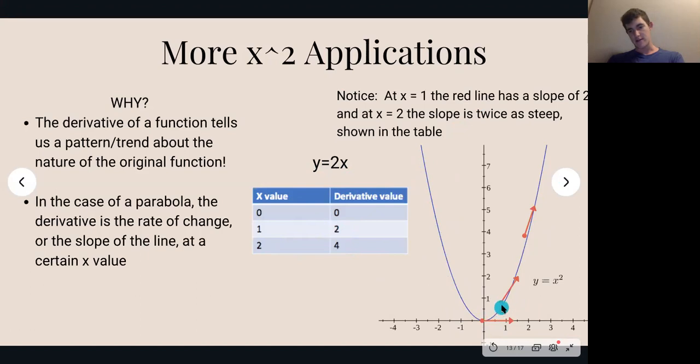If the graph were to level out at 1, 1, it would have a slope of 2. If the graph were to level out at 2, 4, this point right here, it would have a slope of 4. 4 up for every 1 over, 2 up for every 1 over, 0 up for every 1 over. So that is what a derivative shows: the rate of change, a trend about the original function.